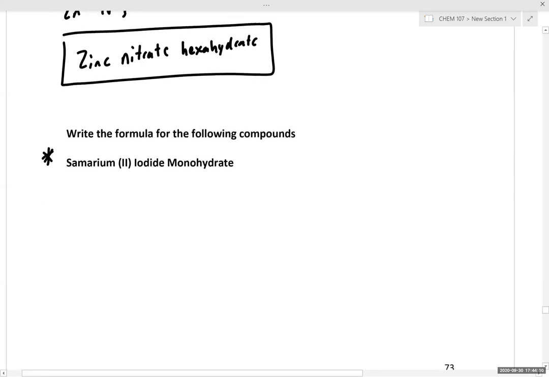So let's work on this next example and let's try to write a valid formula given the name of the following hydrate. Hydrate naming problems are pretty useful as they both test the student's ability to name ionic compounds and they also test the student's ability to name hydrates. So it's almost like a 2-part question in a way.